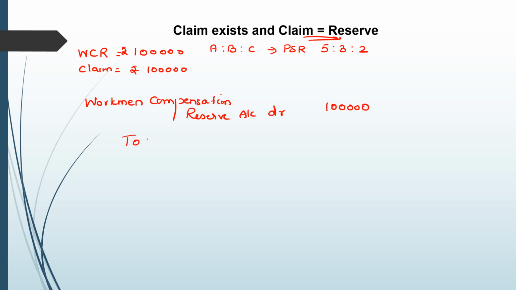So we create an account called the Workmen Compensation Claim Account. Whenever the payment is to be made, it would be taken out from this account and would be paid to the workers. So this way you are creating the claim account. Now as the claim was equal to reserve, nothing is left extra, surplus is not there. So nothing would be available to be distributed amongst the partners.